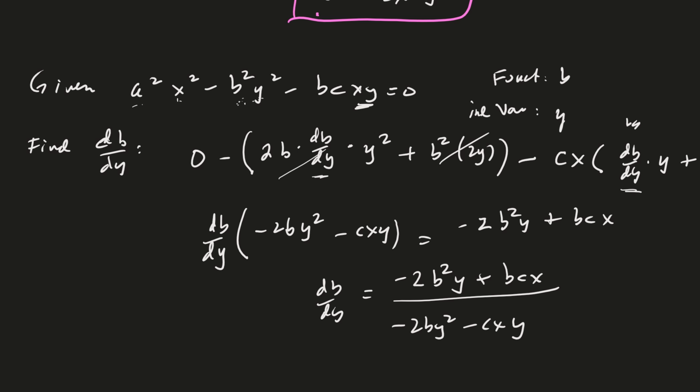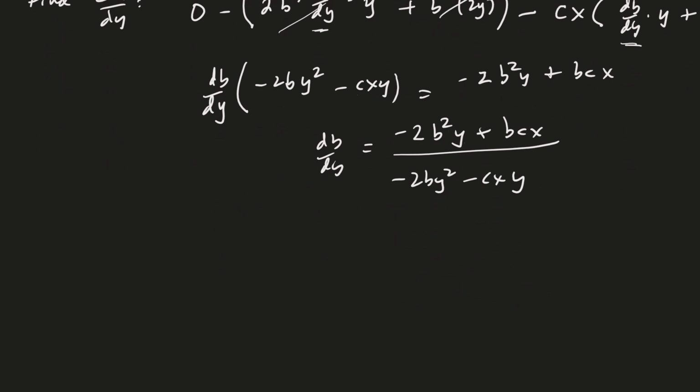Let's see, maybe we'll do one more example just to be sure everything is working okay here. So let's suppose I've got, for example, x squared plus 2xy minus y squared plus x equals 2.